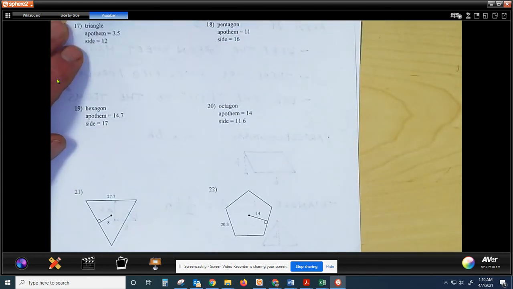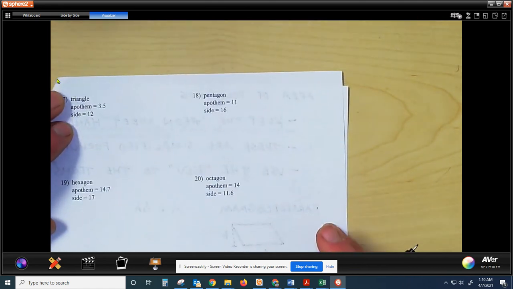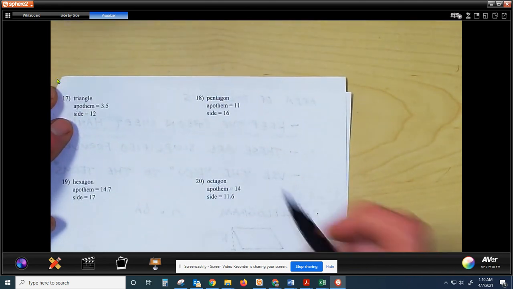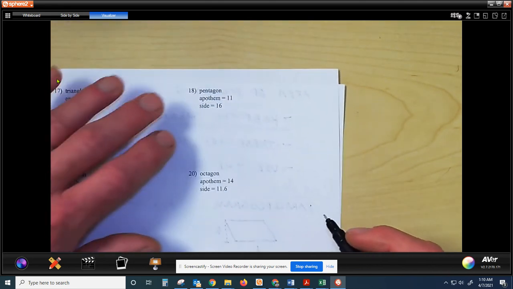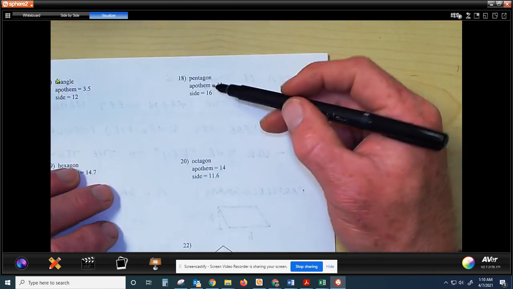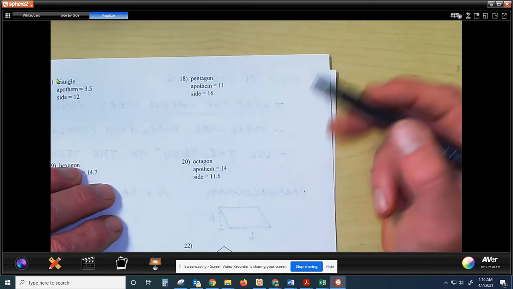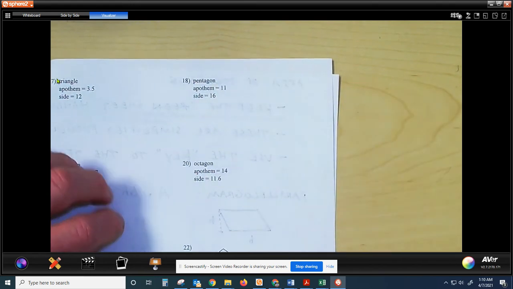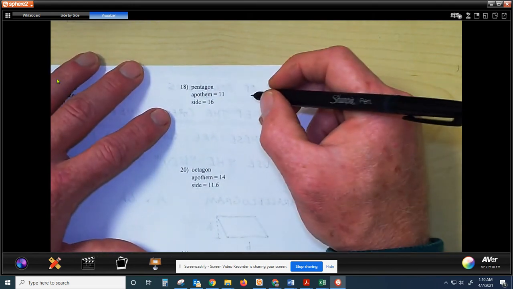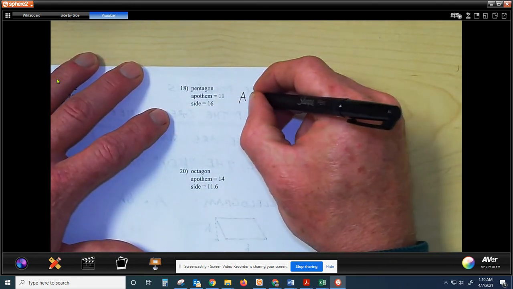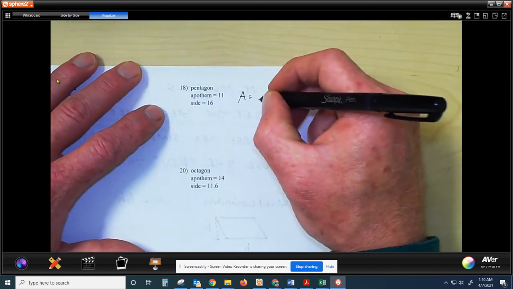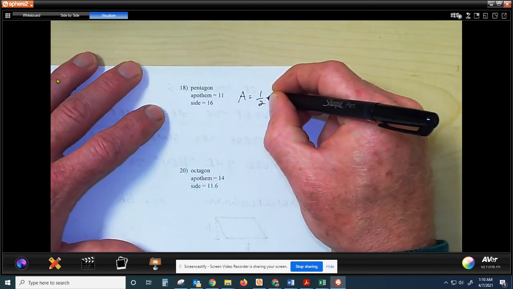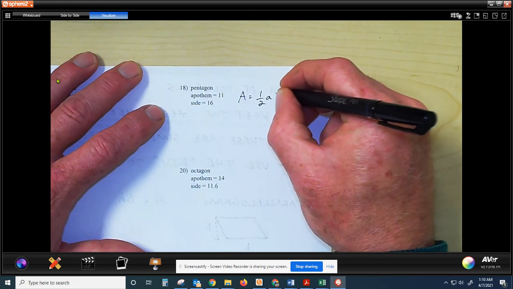Let's look at 18. They just gave me the words. It's a regular pentagon. I need the area. It has an apothem and a side length. Okay. The area of a regular polygon is 1/2 times apothem times perimeter.